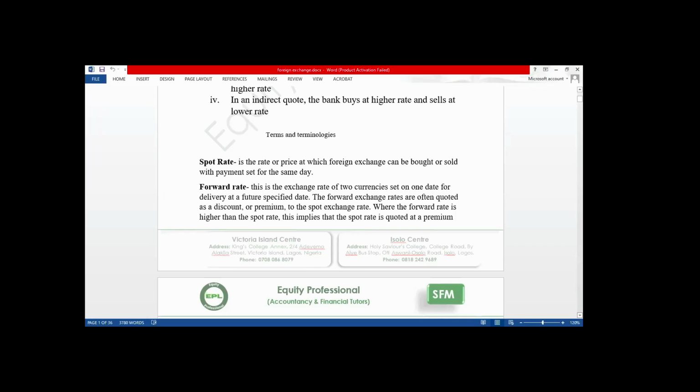For example, if you are buying dollar today, or if you are buying dollar now, the exchange rate that applies between naira and dollar now is referred to as the spot exchange rate. Number 2, forward rates.